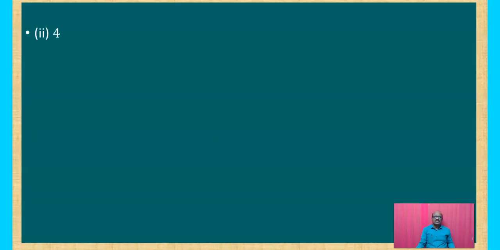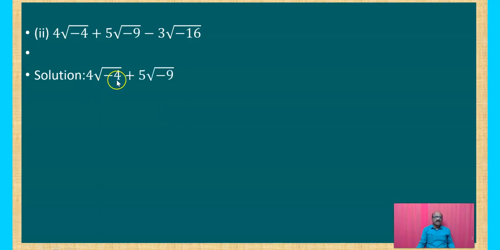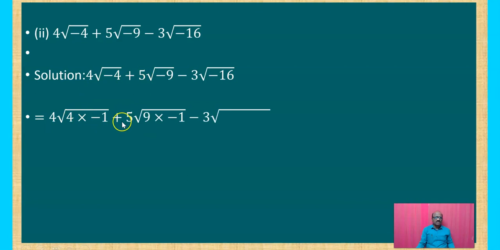Next is 4 into root of minus 4 plus 5 into root of minus 9 minus 3 into root of minus 16. Again the simplification. 4 into root of minus 4 plus 5 into root of minus 9 minus 3 into root of minus 16. Again it is written as 4 into root of 4 into minus 1, 5 into root of 9 into minus 1, 3 into root of 16 into minus 1.